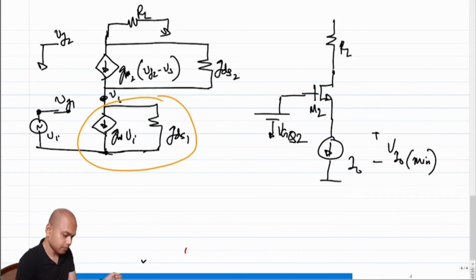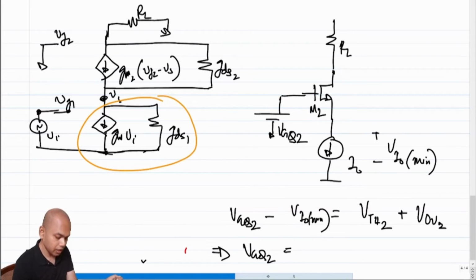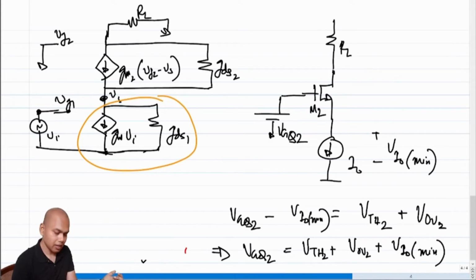So clearly, your VGQ2 minus V I naught min will be what? It will be the threshold voltage for M2 plus the overdrive for M2, which means VGQ2 has to be at least threshold voltage 2 plus overdrive voltage 2 plus V I naught min, correct?